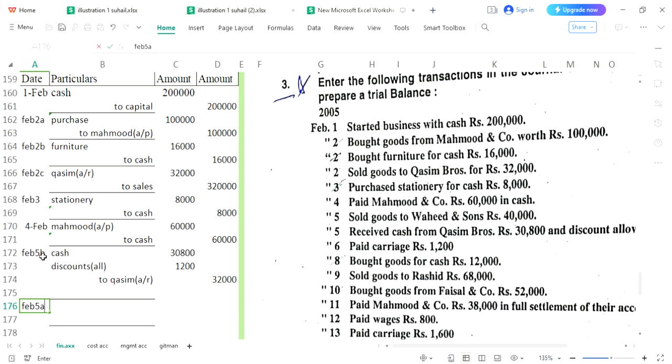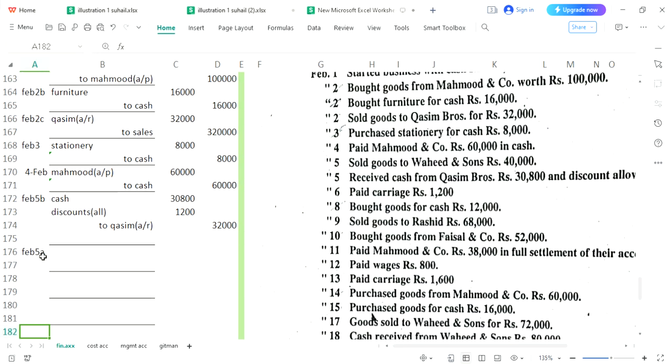I have already said that when there are so many entries in the question, it is possible such things can happen. We should be very careful about that. February 5A entry is over here. It was possible we could take this entry and put it downward, and space could be made for that, which would be better, I think.